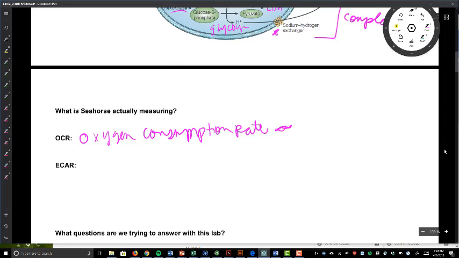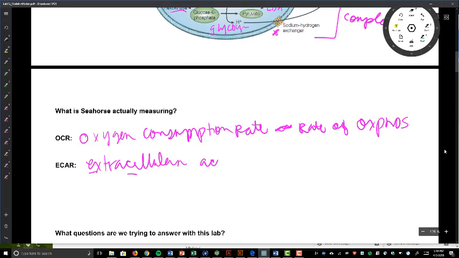And so we're measuring the rate, how much oxidative phosphorylation, or at least how much glycolysis that terminates in oxidative phosphorylation, is occurring, whereas ECAR is the extracellular acidification rate.